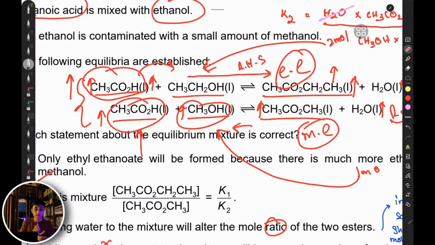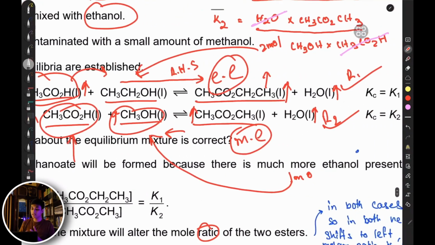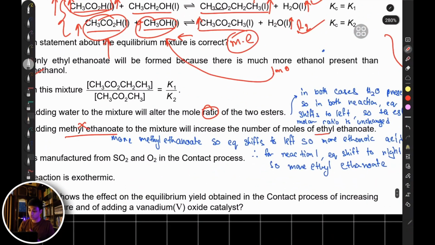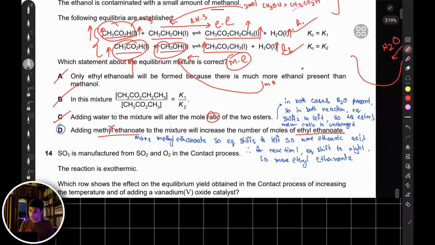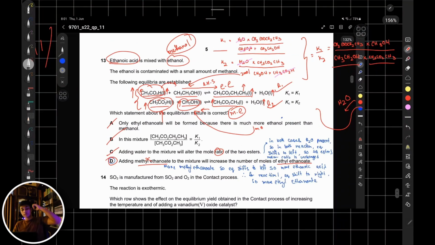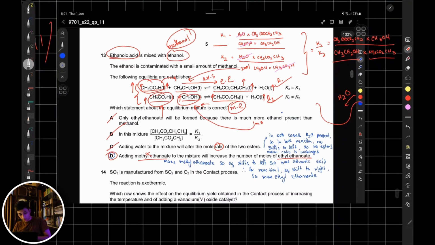If there is more ethanoic acid present, it can react and give you ethyl ethanoate. So this conclusion that more ethyl ethanoate will be present is correct. So this is the right answer. So 41 is D. Okay.